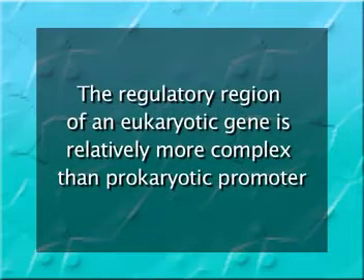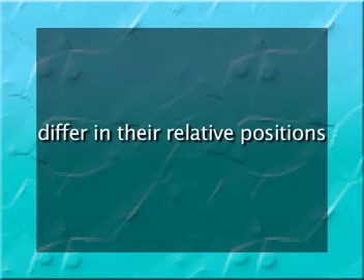The regulatory region of a eukaryotic gene is relatively more complex than a prokaryotic promoter. Two basic regions in eukaryotic and prokaryotic promoters are similar in structure but differ in their relative position.